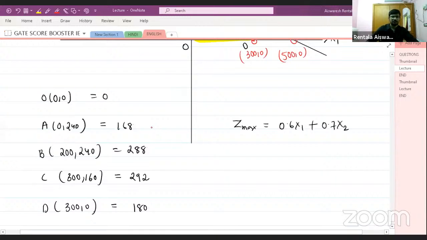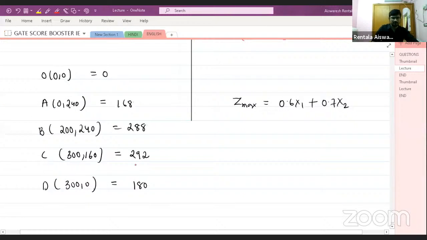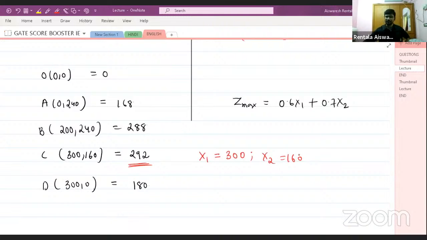Then your maximum profit will be 292. Okay. So at maximum profit, product A, how many units do you have to produce? 300 units. And product B, you have to produce 160 units. So if you produce 300 units of product A and 160 units of product B with the available resources, then your profit will be maximum, which is equal to 292 rupees.